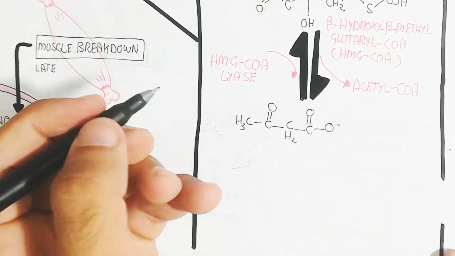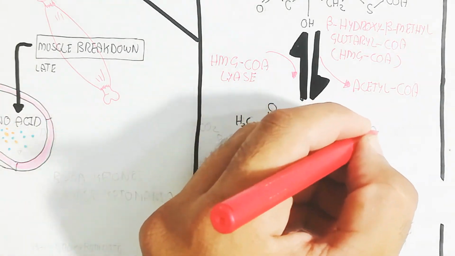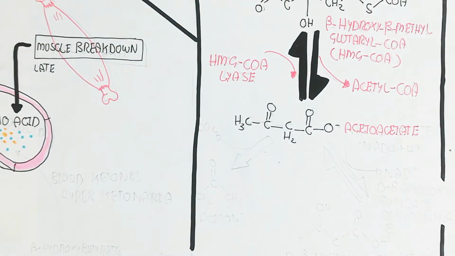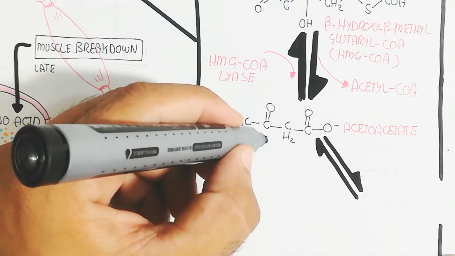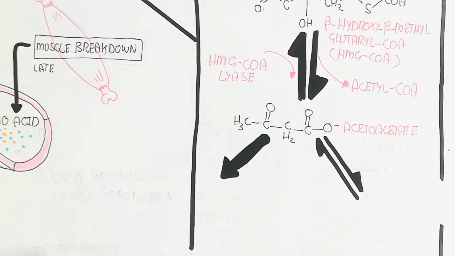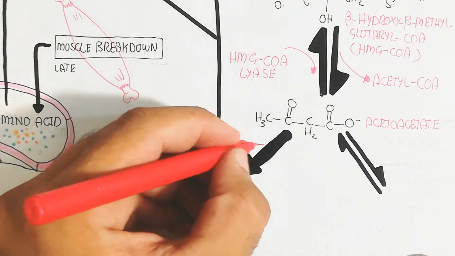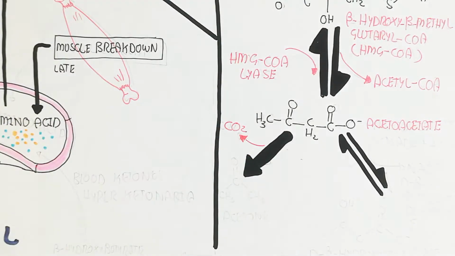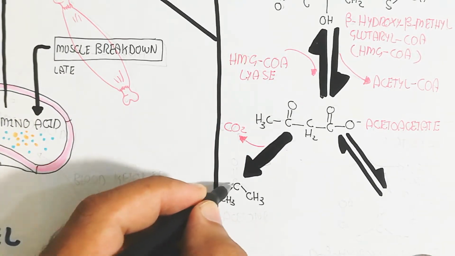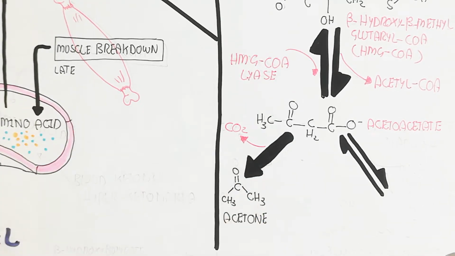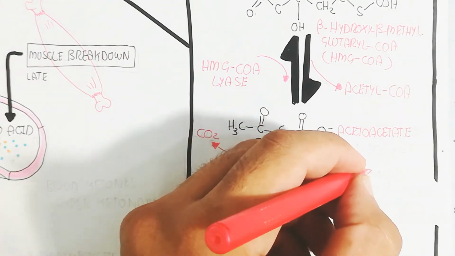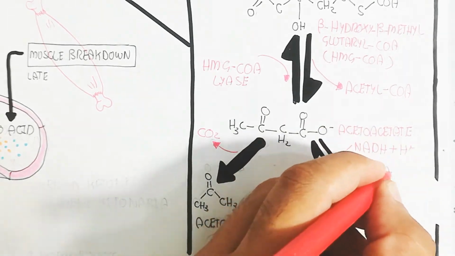But the HMG CoA lyase enzyme, which can also reverse the reaction, removes acetyl CoA to produce acetoacetate, and this is a reversible reaction under the HMG CoA lyase enzyme, and again the HMG CoA synthase enzyme can reverse to produce acetoacetyl CoA, but the HMG CoA reductase can be inhibited.